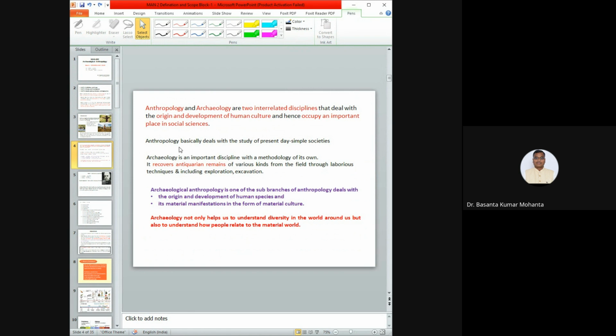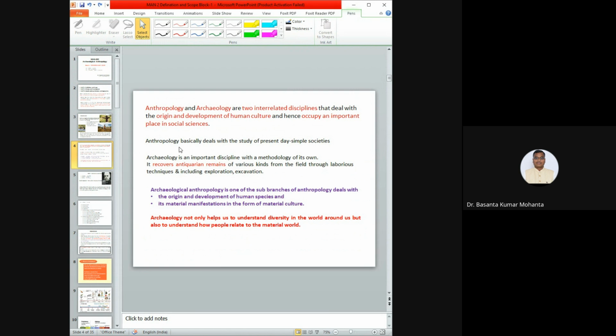Here we need to study the origin and evolution both from the biological point of view as well as the cultural point of view. In archaeological anthropology, our focal point is on the material remains of the past.